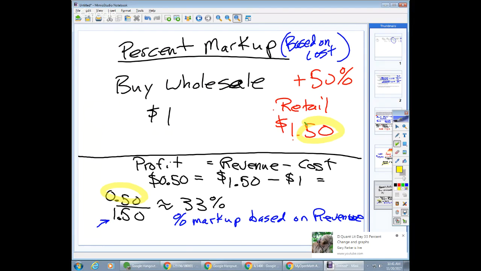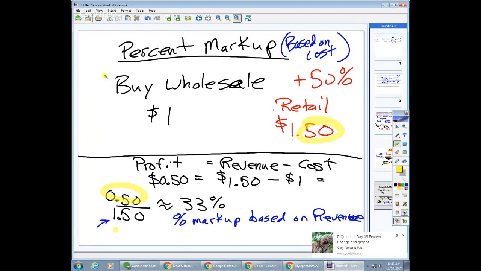I just changed the denominator. So this version is useful in the retail business because when you look at how much money you took in that week, you take 33% of it, that tells you what you made after your costs, assuming simple cost, right? We're only talking about wholesale costs. On the other way, this one is useful when I'm putting items on the shelf because I've got to figure out what I'm going to charge people.